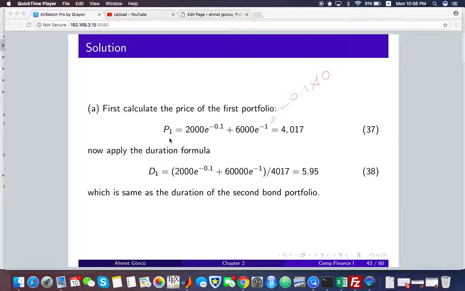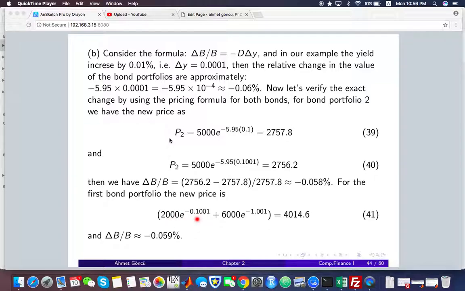Remember from the previous slide, for the first bond portfolio, the original price is $4,017. Now you need to update the price by increasing the yield by 1 basis point. You calculate this, which gives you 4,014.6.